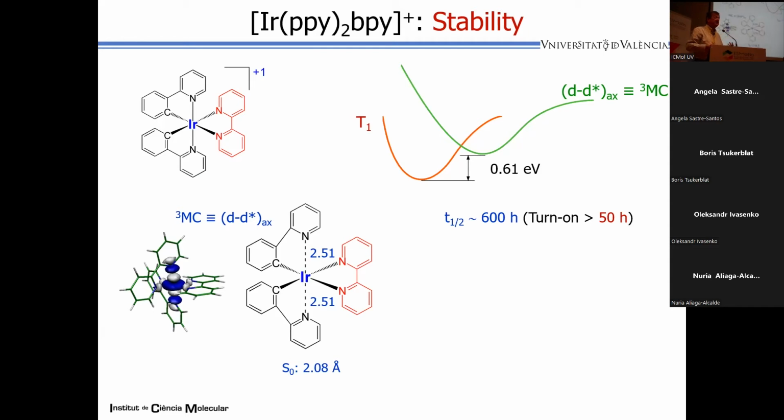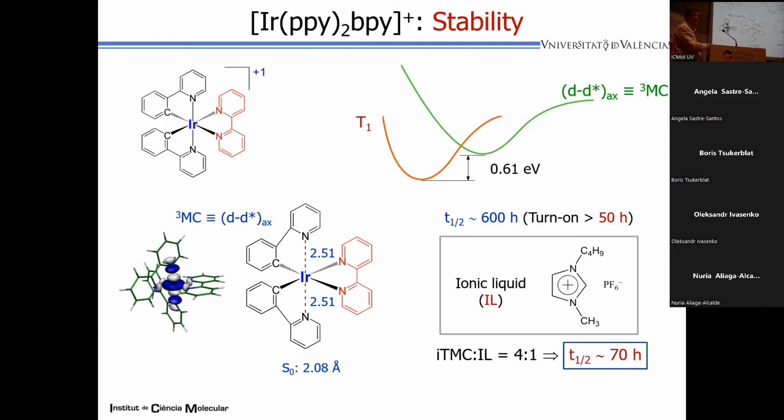Then to solve that, you have to add ionic liquids to increase the concentration of ions in the device. In that way, the ions move quickly, and the turn-on time reduces. But again, you reduce the turn-on time, but also the lifetime. Okay, I will not go through all the steps to solve that problem.